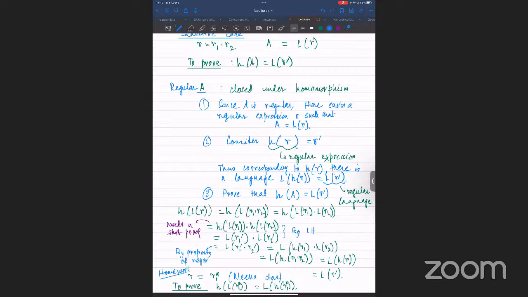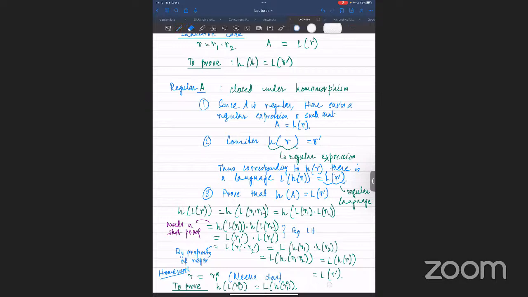Essentially, the important part is that you need to use the definition of R1 star. If you recall, the language of R1 star is the union of several such sets.